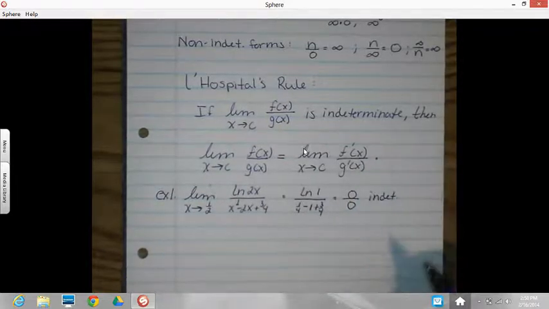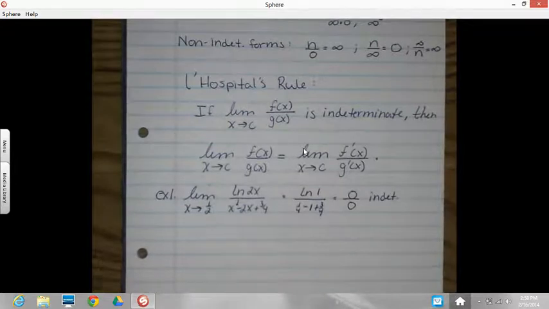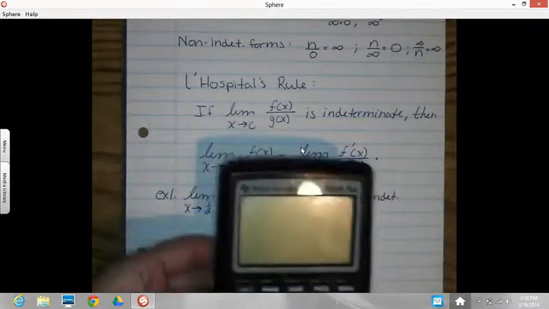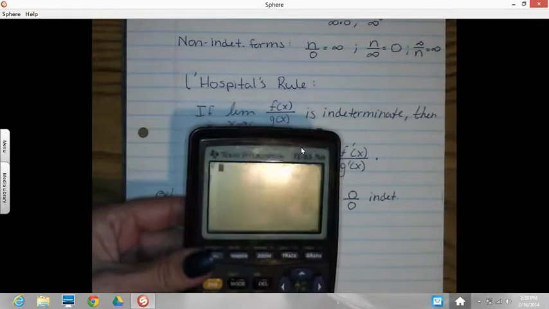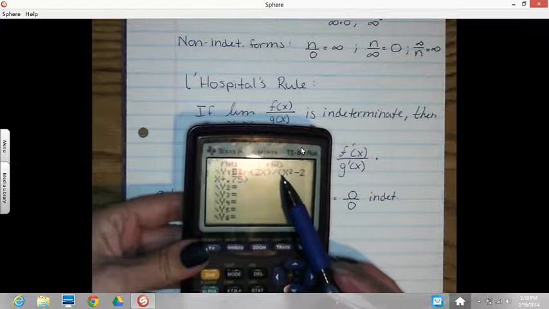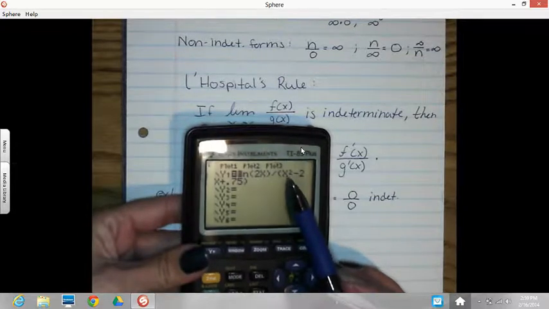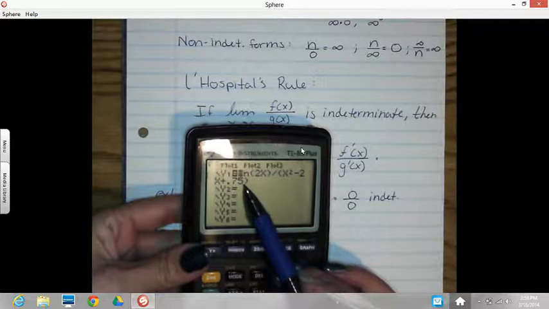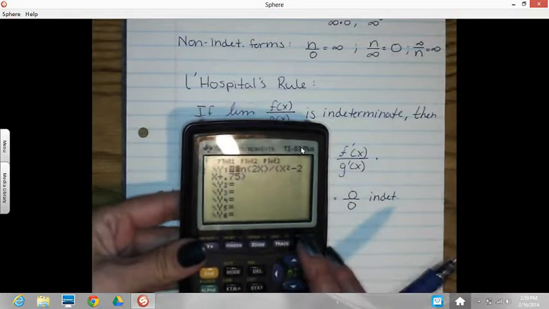Okay, so let me see graphically what this limit looks like it should be. So I've already taken the time, natural log of 2x divided by, in parentheses, the denominator, x squared minus 2x plus the 3/4. Set the window up because I'm approaching a half.